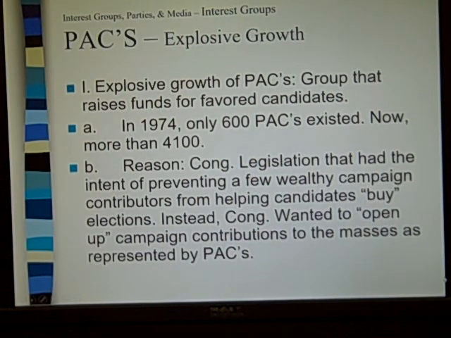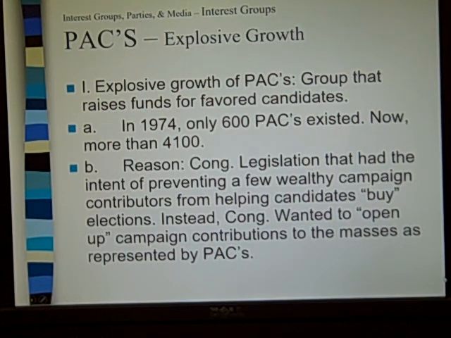All humans are mammals, not all mammals are humans. Same concept. All PACs are interest groups. Not all interest groups are PACs. So, when we talk about political action committees specifically, these are organizations that are created whose primary purpose is to essentially assist with or influence the campaign process and the election process.